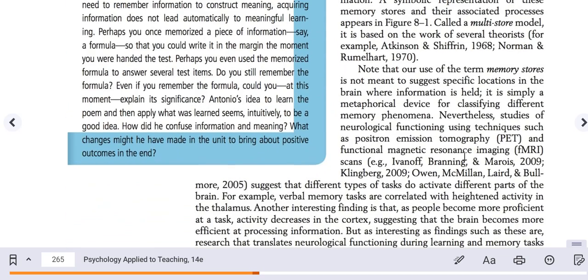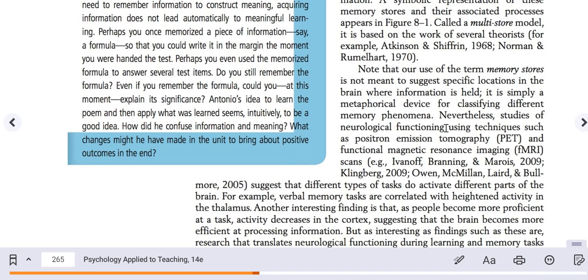Note that our use of the term memory stores is not meant to suggest specific locations in the brain where information is held. It is simply a metaphorical device for classifying different memory phenomena. Nevertheless, studies of neurological functioning using techniques such as positron emission tomography, PET, and functional magnetic resonance imaging, fMRI, scans suggest that different types of tasks do activate different parts of the brain.